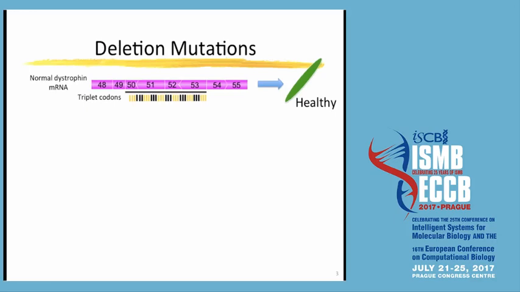On the middle figure, you can see that if exon 52 is deleted, it causes an out-of-frame mutation, which means there is a premature stop codon, and the patient doesn't have any dystrophin protein, and that's why they have severe DMD phenotypes. On the other hand, if we have exon 51 and 52 deleted at the same time, it falls into the category of in-frame mutation, which causes the patient to show milder phenotypes or sometimes no phenotype at all.